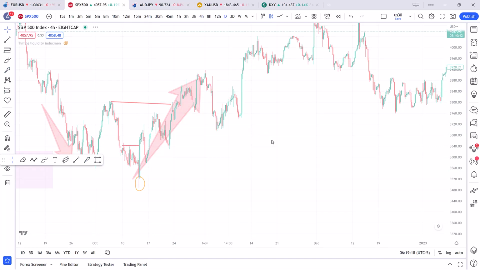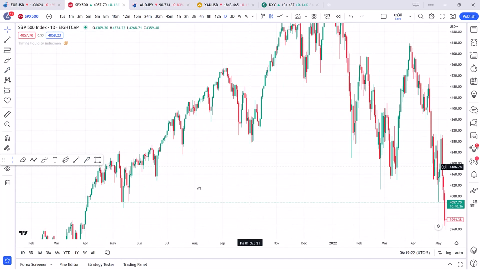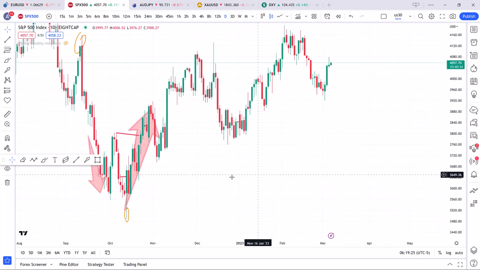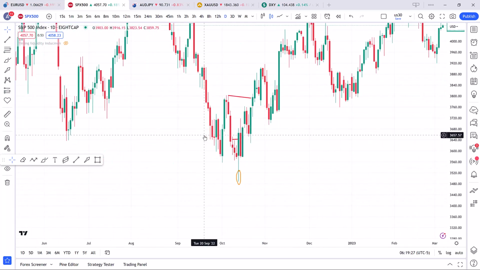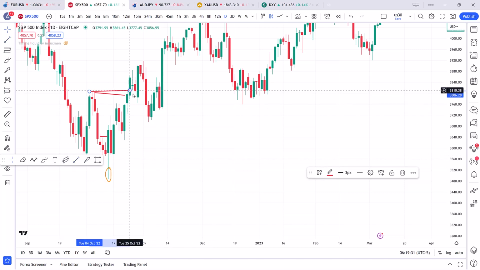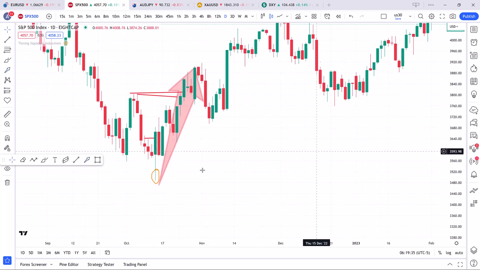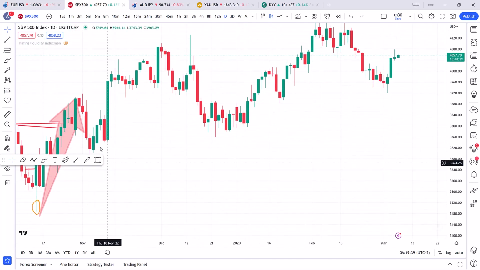Let me show you. You can see that it is a protected leg. Why? Because we have this break of structure here, and this is a leg itself, and we can take the trades from this point for higher lows.